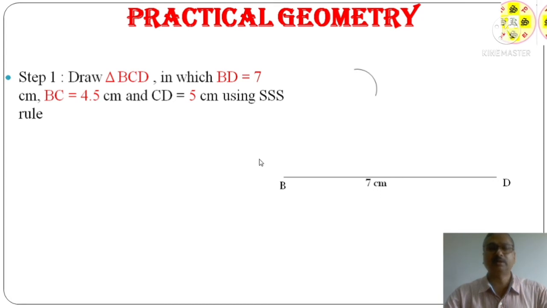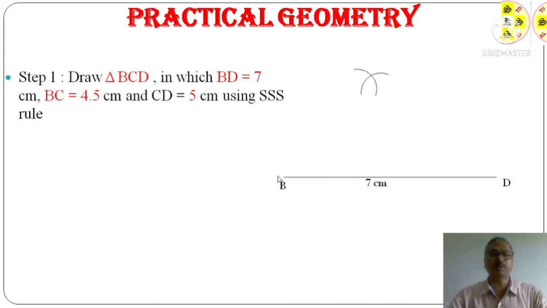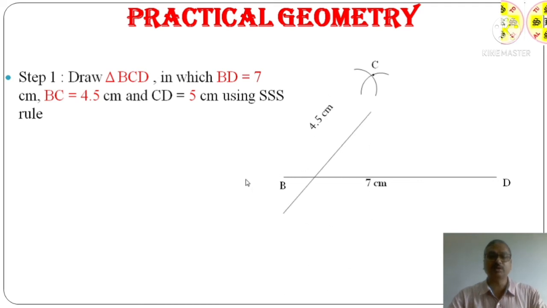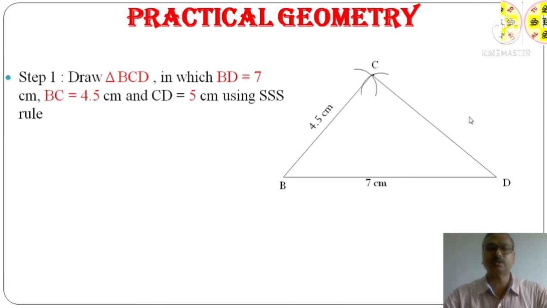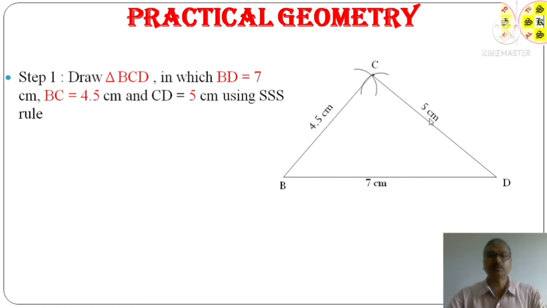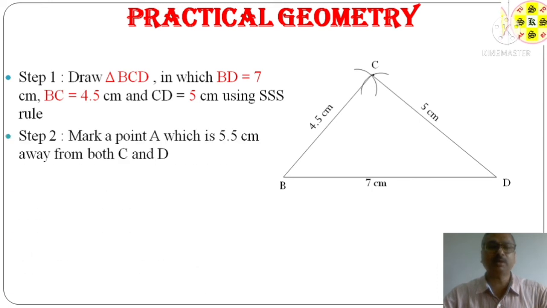This is BD, 7 cm given, and we have to mark the point C such that C is 4.5 cm away from B and 5 cm away from D. After that we can join them. So this completes the triangle BCD as per the given measurements: 5, 7, 4.5. This completes the construction of one part of the quadrilateral, that is triangle BCD.